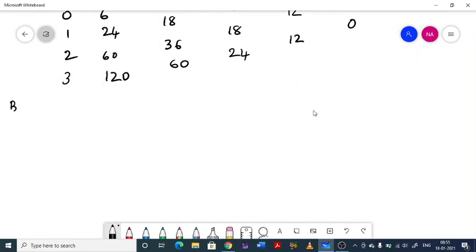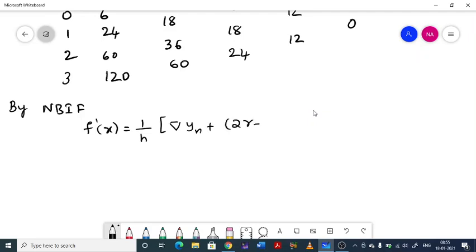Solution: by Newton's backward interpolation formula we have f dash of x equal to 1 by h into del yn plus (2r plus 1) into del 2yn divided by 2 factorial plus (3r square plus 6r plus 2) into del 3yn divided by 3 factorial plus and so on.